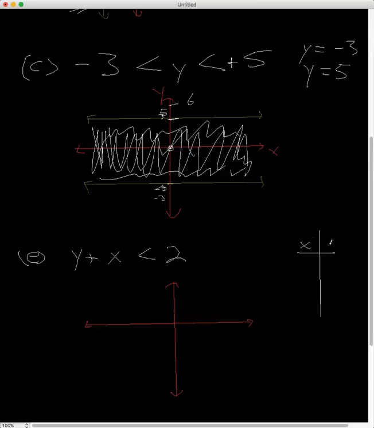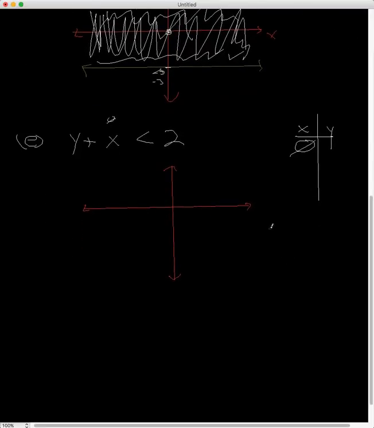In order to draw a line, when we have an x and y in this inequality, we have to take 2 points. So I say, what happens if x is 0? That's a nice point. First of all, let's draw our inequality with an equal sign.